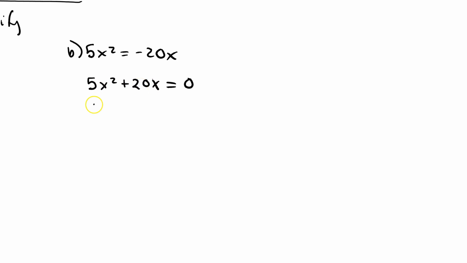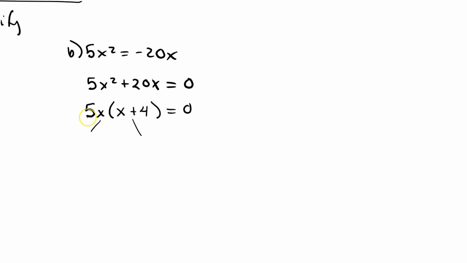For both of these, we know that 5x is a common factor because 5x goes into both. So 5x, because 5x squared divided by 5x is just x, plus 20x divided by 5x is 4, equals 0. So we have two solutions here. We have this x here, and we have x plus 4.